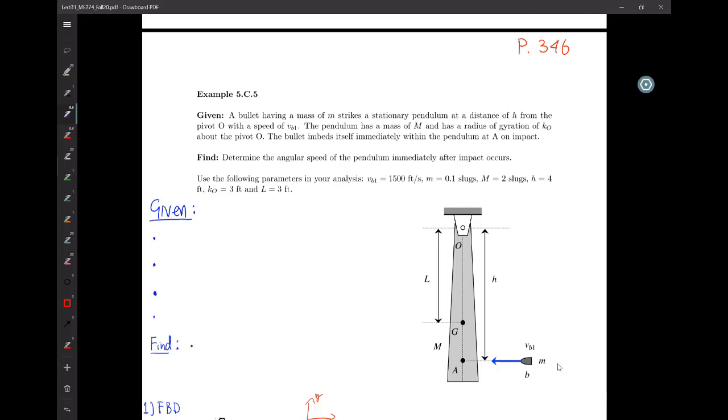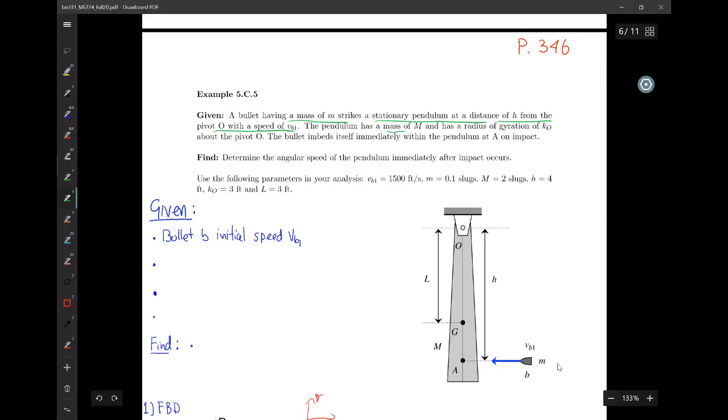In this problem we have a bullet that has some mass, mass m, and it strikes a stationary pendulum at a distance h from the pivot with some initial speed. So the bullet is carrying some initial speed, and it hits the pendulum at a distance h.